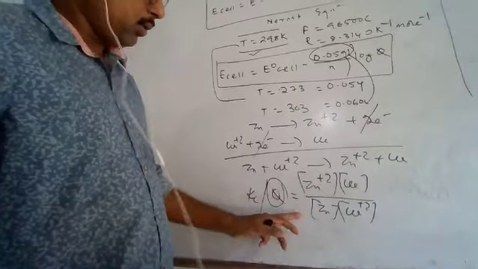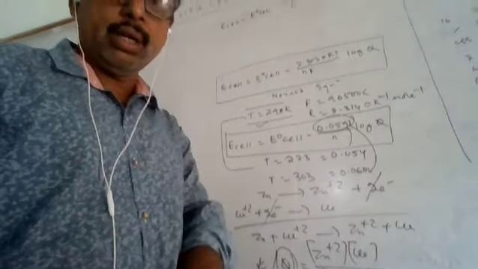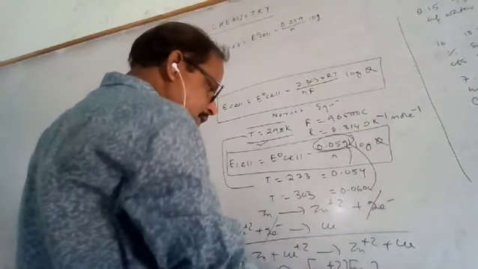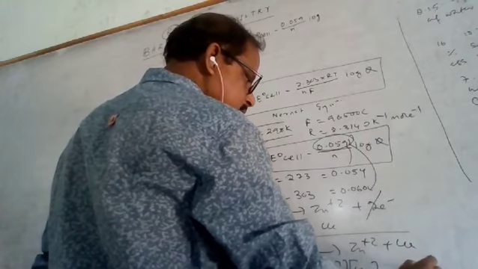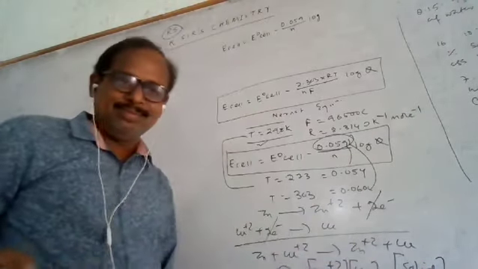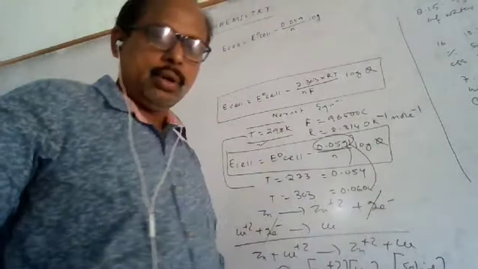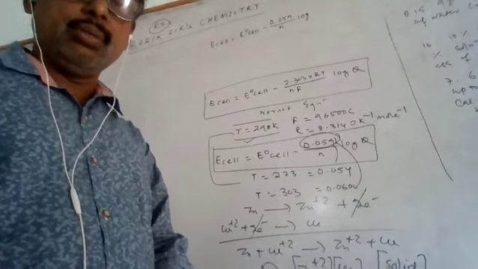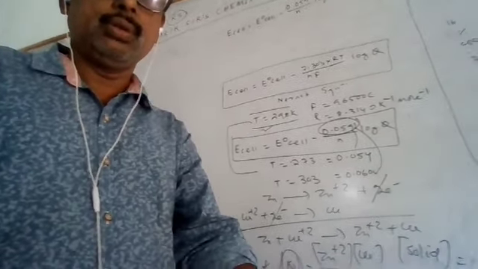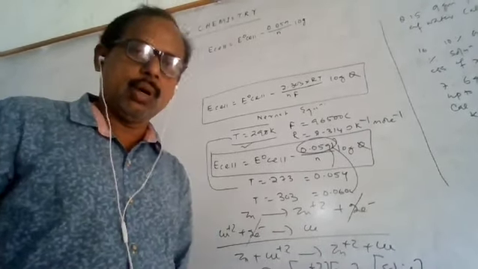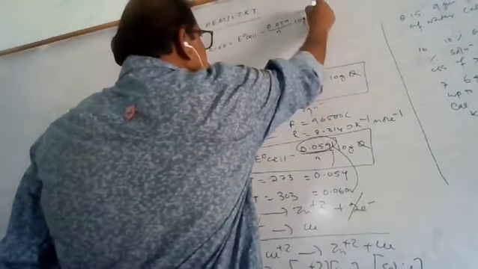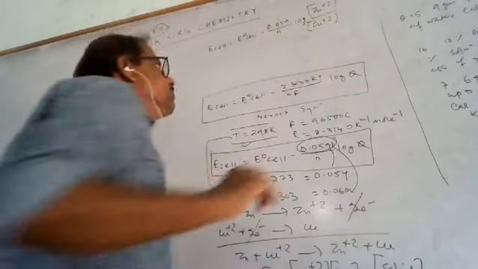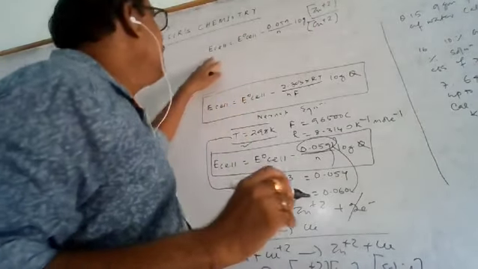But another thing you just remember: the concentration of a solid is equal to 1. Always the solid concentration is 1. Why? Because for a solid, the total volume is occupied by the number of moles. So the only thing left is the Zn plus 2 concentration by the copper plus 2 concentration. This way we can determine the E cell.